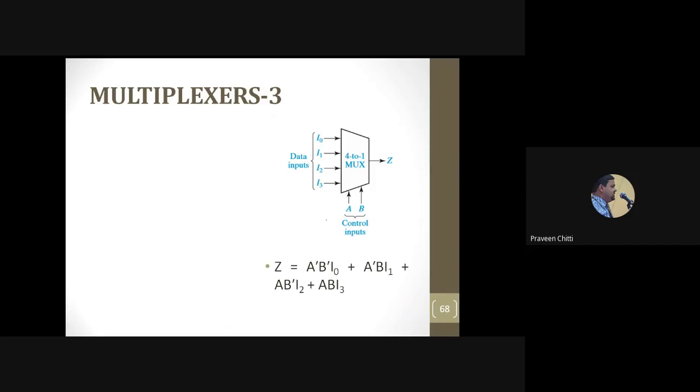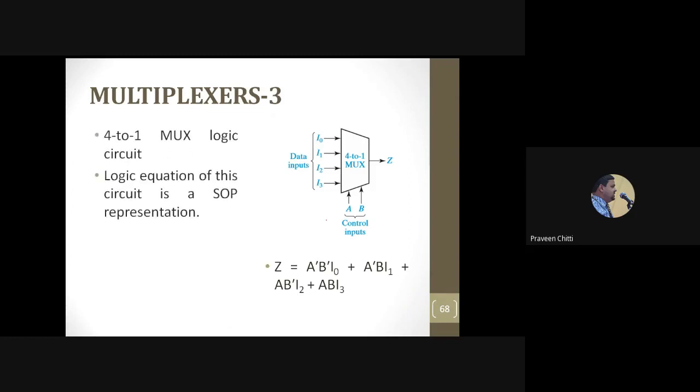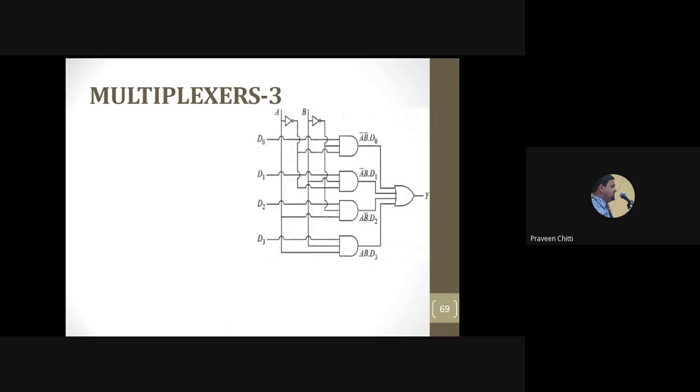Here 2 select lines A and B are shown, and 4 inputs I0, I1, I2, I3 are given, and the output is Z. So you can see A bar B bar I0, then A bar B I1 plus A B bar I2 plus A B I3. This is the SOP equation for the 4:1 mux, and easily we can draw the logic diagram.